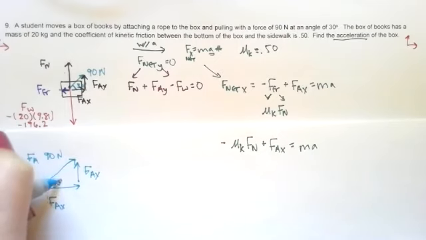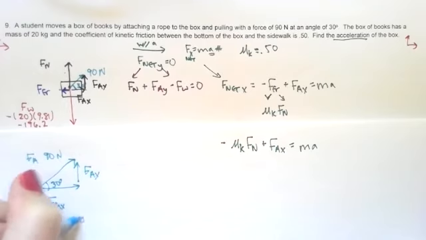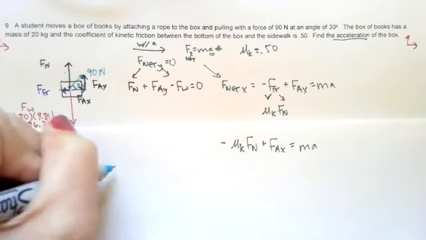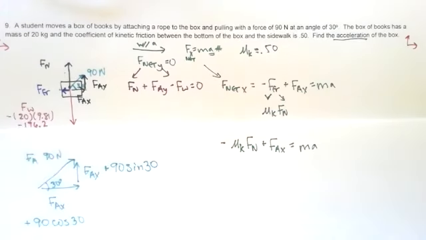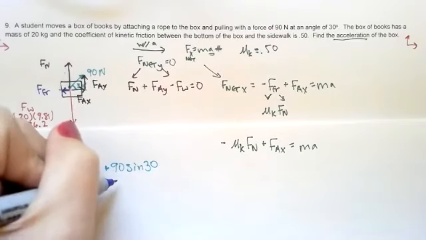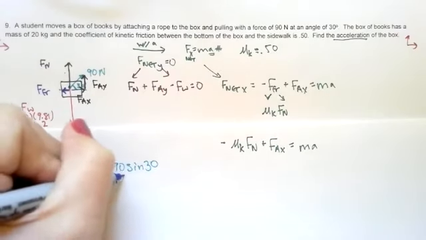I have 30 degrees, so this is going to be 90. And notice I'm back to cosine, positive 90, sine 30. And when I simplify, I get 78, and I get 45.